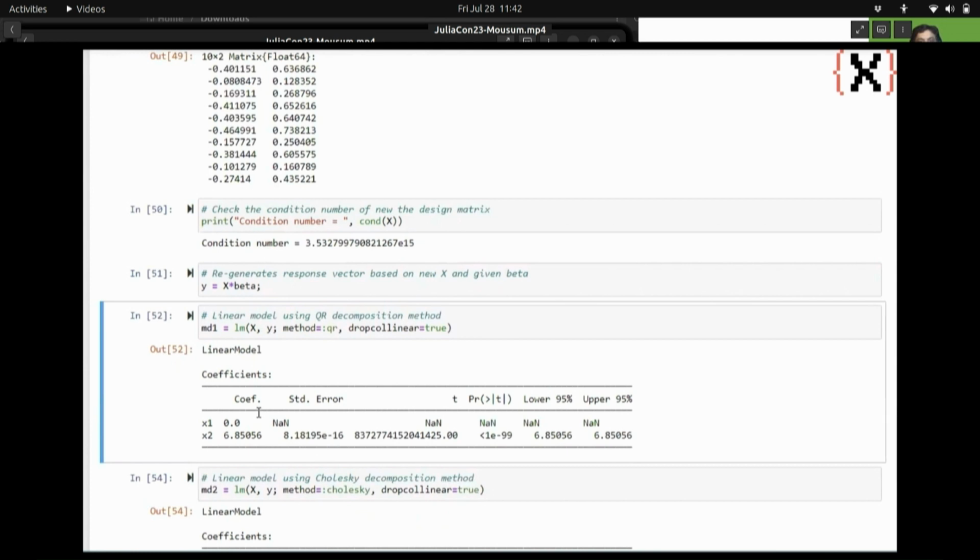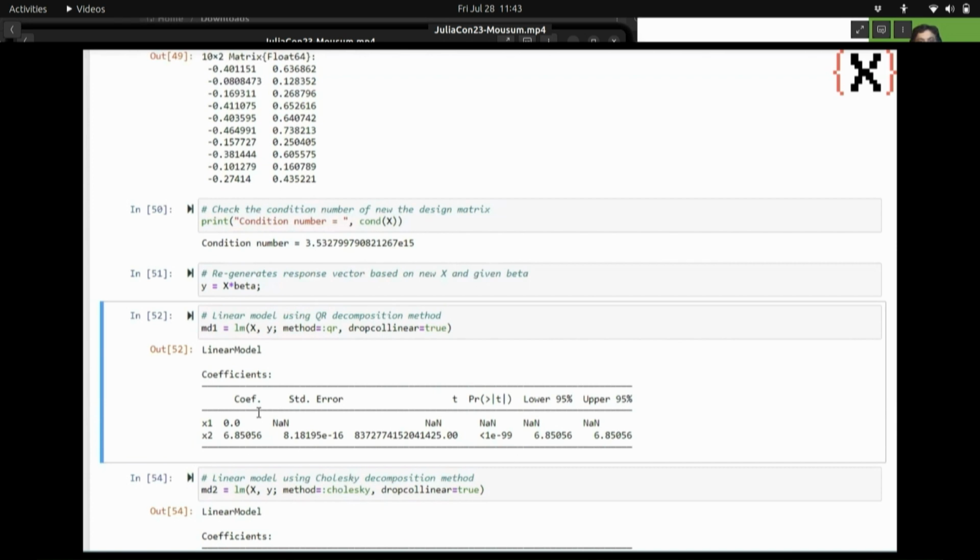But after that, the accuracy of Cholesky decomposition decreases as the condition number of the design matrix increases. When the condition number is less than 10 to the power 12, QR decomposition provides exact estimates. But after that, as the condition number increases, the accuracy using QR decomposition also decreases.